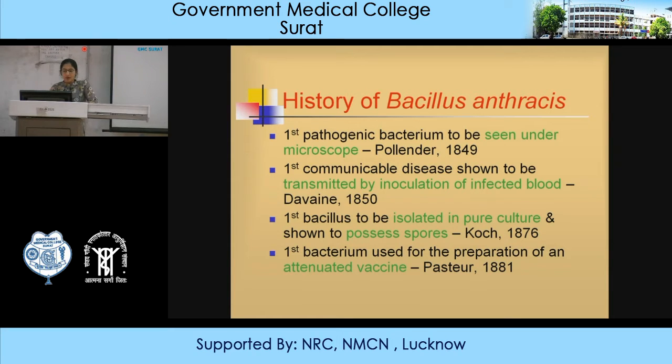It is the first pathogenic bacterium to be seen under the microscope, seen by the scientist Pollender. It was the first communicable disease shown to be transmitted by inoculation of infected blood, discovered by Davaine. It was the first bacillus to be isolated in pure culture showing spores, demonstrated by Koch. And it was the first bacteria used for preparation of attenuated vaccines, discovered by Pasteur.